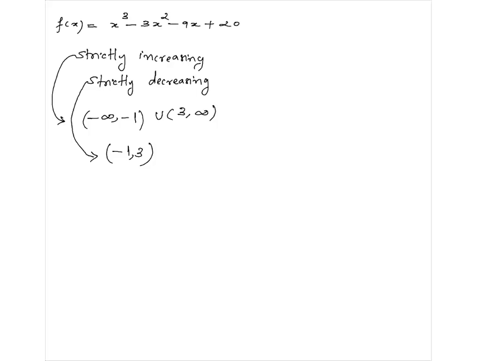Okay. 3x squared minus 6x minus 9. A positive number would not affect the sign scheme. That means you can focus on x squared minus 2x minus 3.